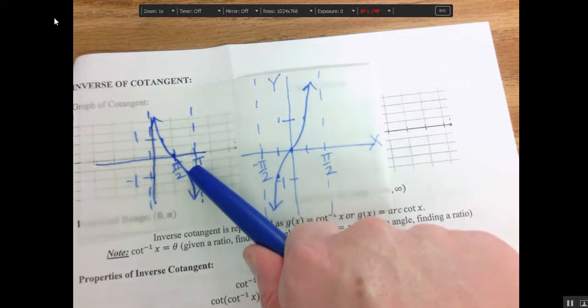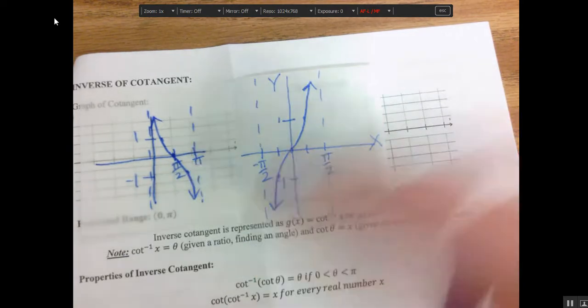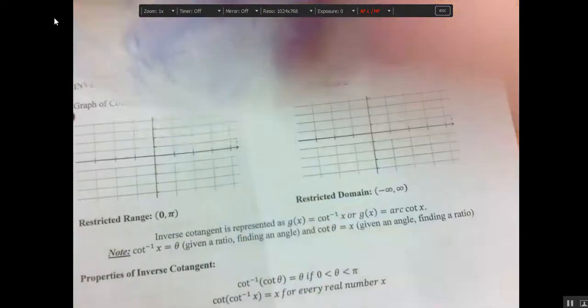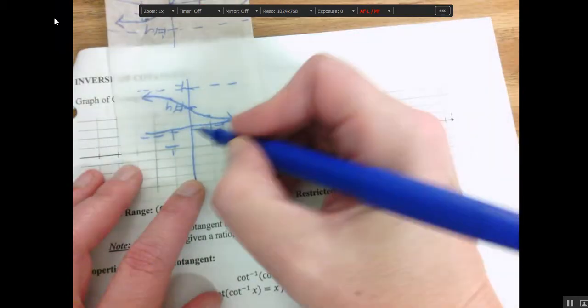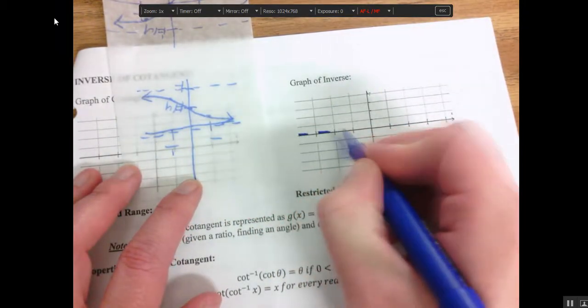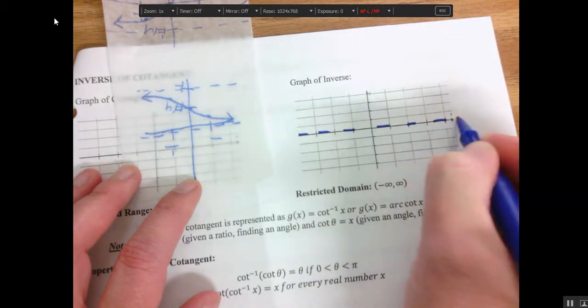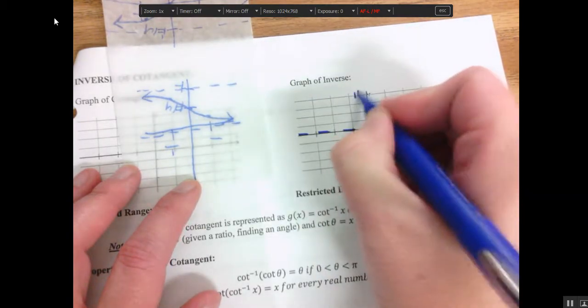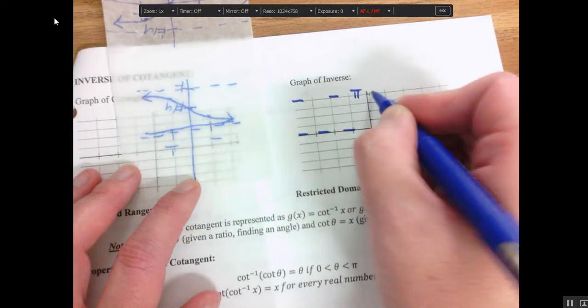When you flip it and you turn it, you're going to discover that your answers are between 0 and pi. So you have an asymptote right here at 0, and you have an asymptote up here at pi.